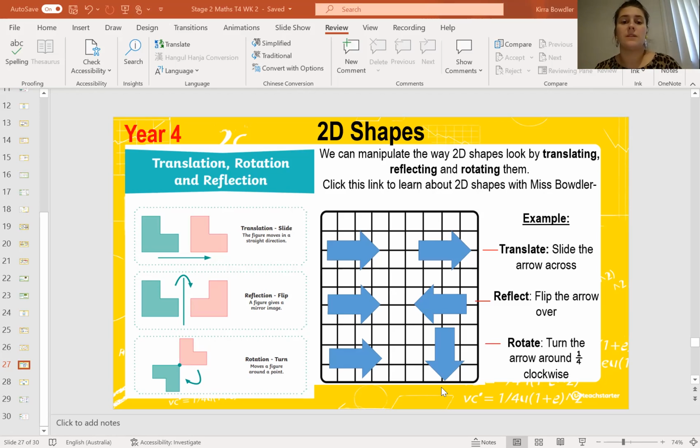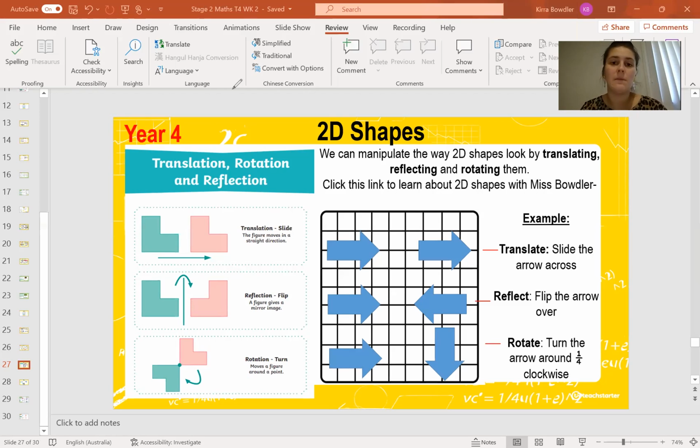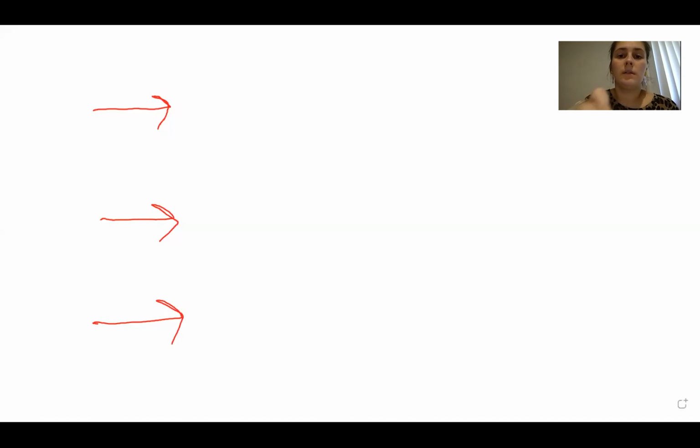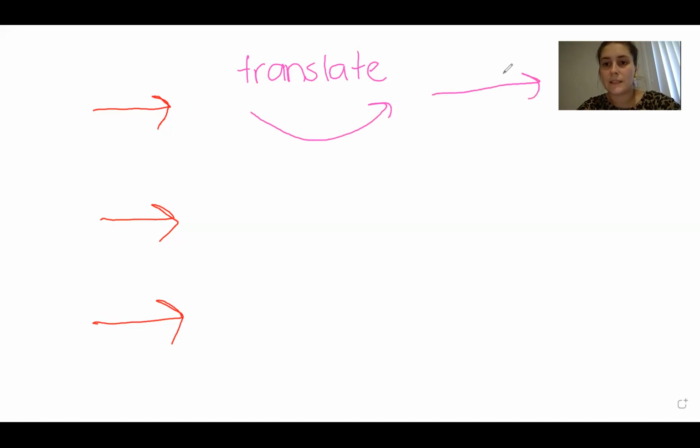I'll show you some more examples. We'll do one together using the arrow, and then we will use a different shape. Okay, so if I was to translate my arrow, it just means I'm going to slide it. So if I slide it across, it looks exactly the same. Translate. I'm going to now reflect. Reflect means to flip or to provide a mirror image.